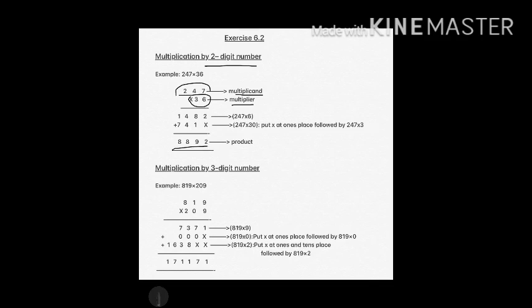Alright, and the answer of multiplication is called the product. So here the answer is 8,892. Okay, so before doing maths, you should try learning mathematical terms also. Try using mathematical terms. Okay, so first I will erase it so that the screen becomes clear.